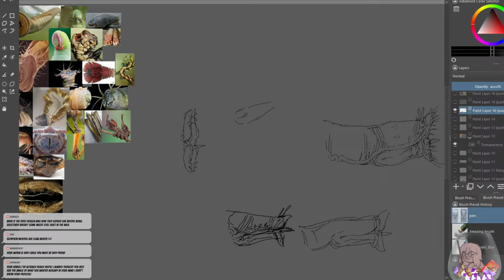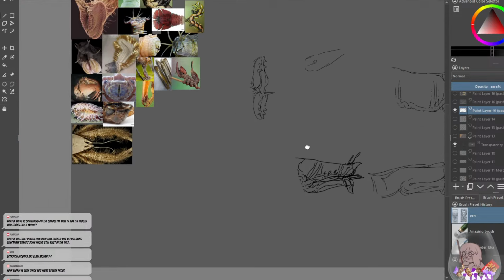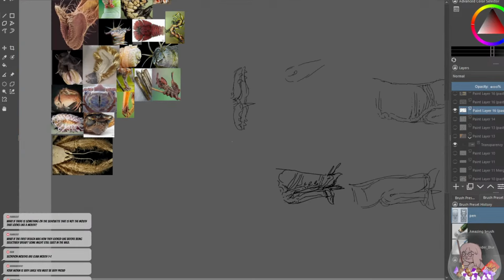So they also need brush-like hairs. Or maybe they have separate brushing limbs. Because just this mouth doesn't look like it can sweep up a lot of stone. You know, there needs to be something more on the silhouette that is not the mouth that looks like a mouth.